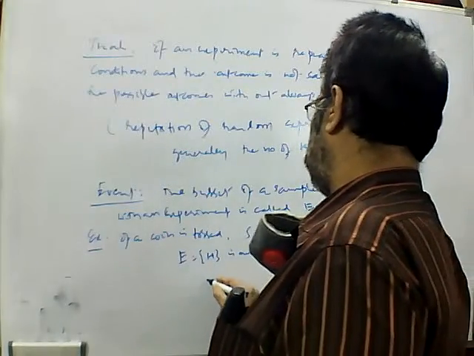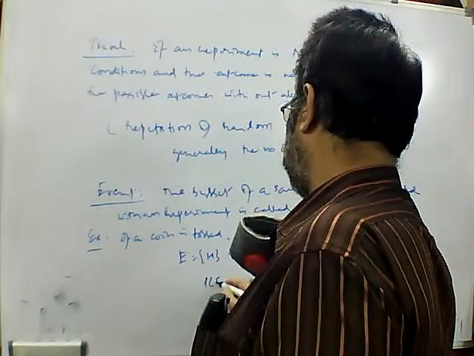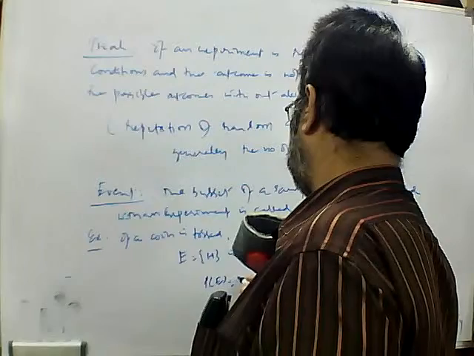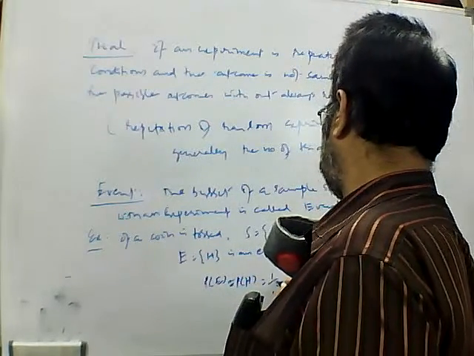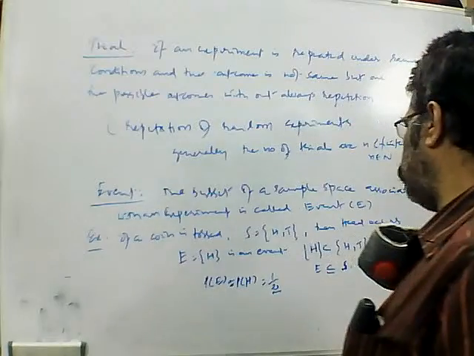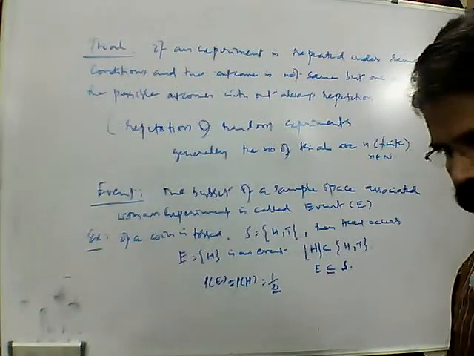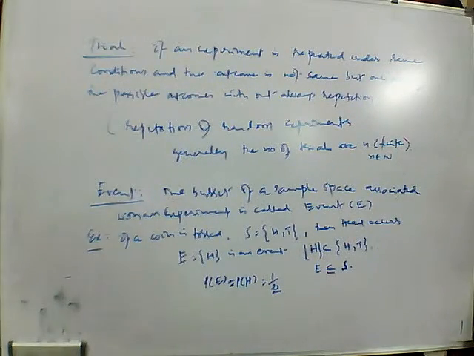Therefore, probability of E, or probability of getting H, is 1 by 2. Generally we name the event like that. This is called the event.